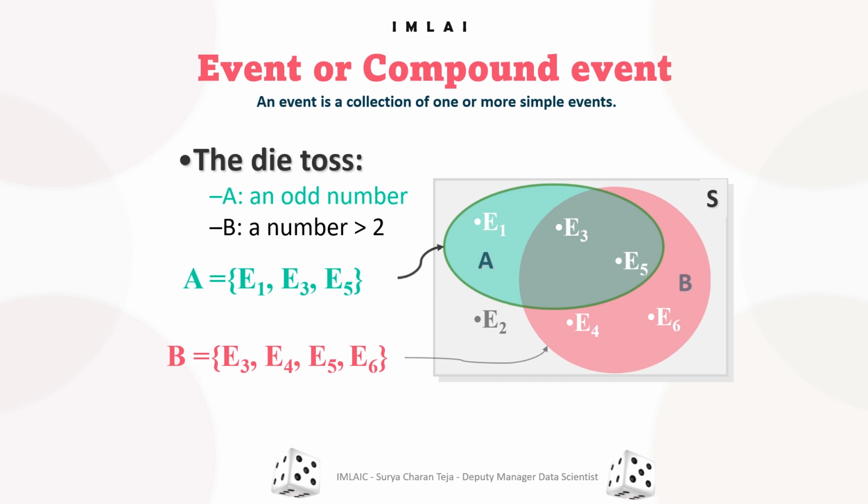Once you have a sample space and simple events, you can make compound events by bringing the simple events together, making subsets of simple events. That's what we call a compound event or just an event. So based on the event, we do the probability calculations.